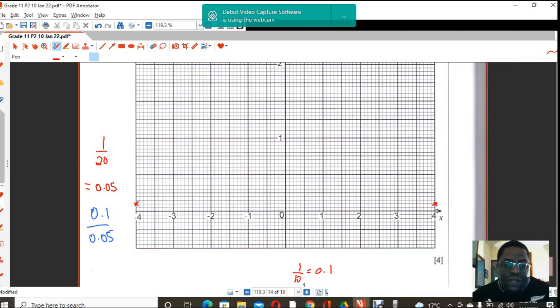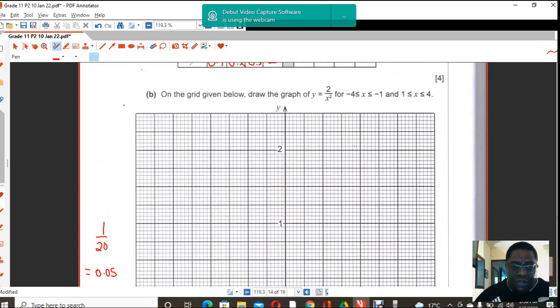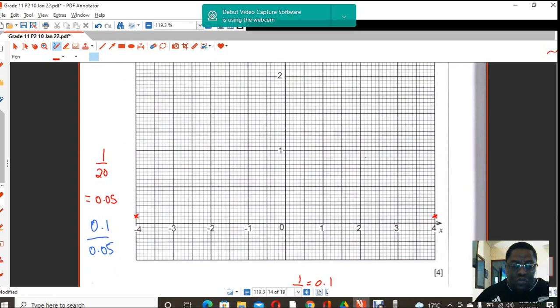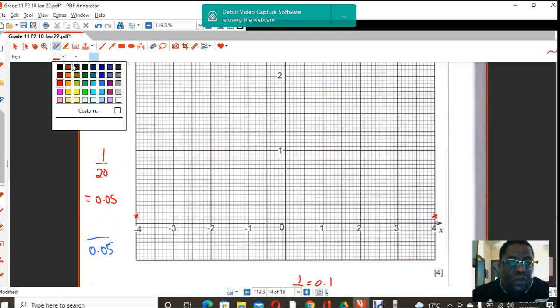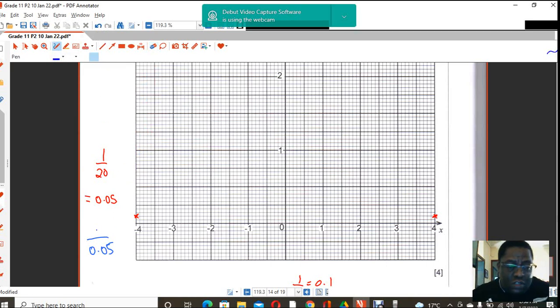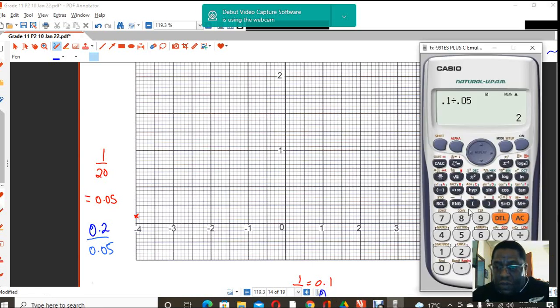When it's -3 or 3, I have 0.2. So again, what is 0.2 divided by 0.05?